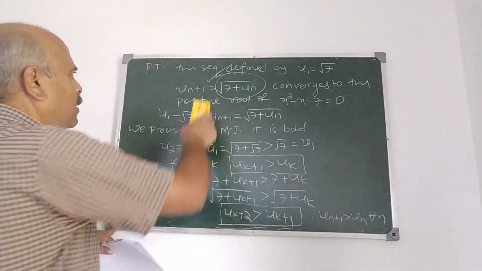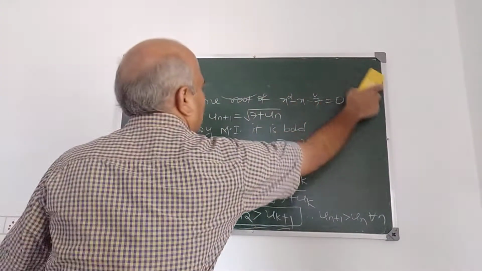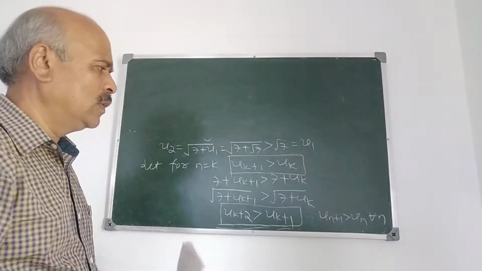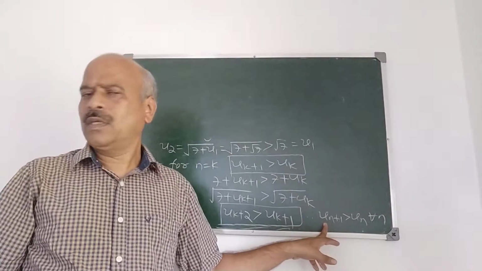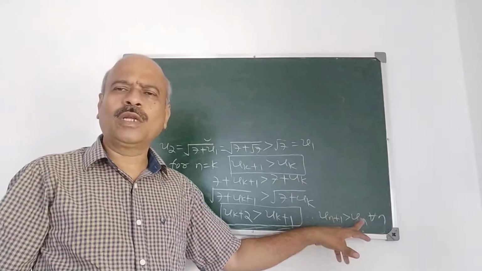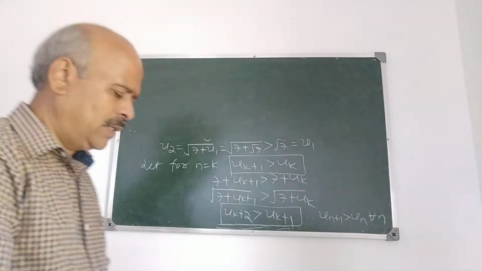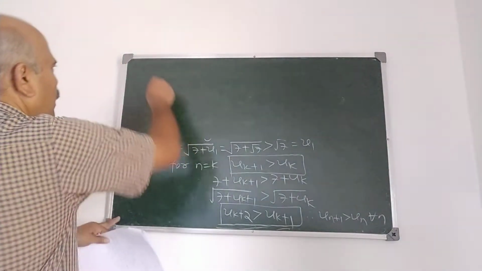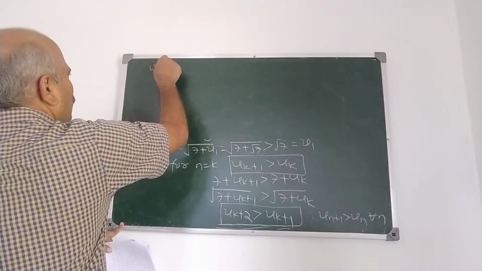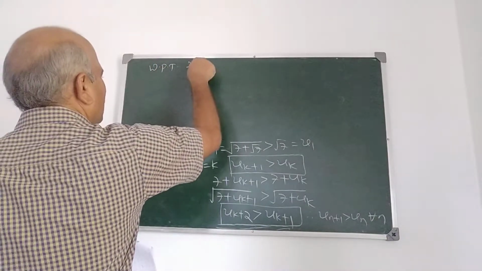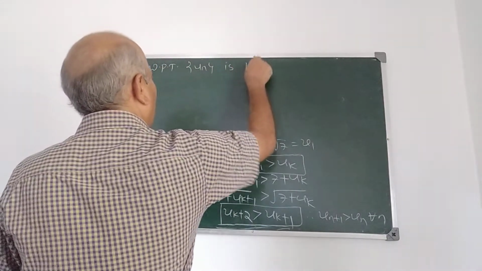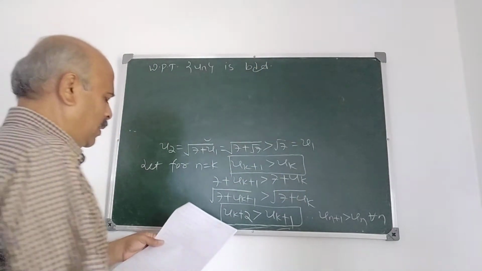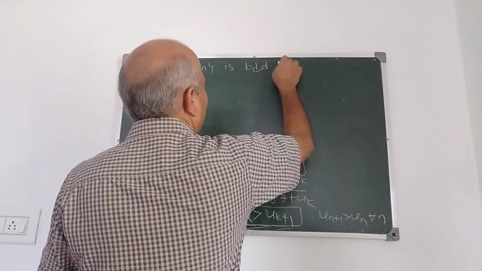See, the first part: the sequence is monotonically increasing. Now the definition of increasing sequence. Second, we have to prove that it is bounded. Second part, we prove that the sequence u_n is bounded above.